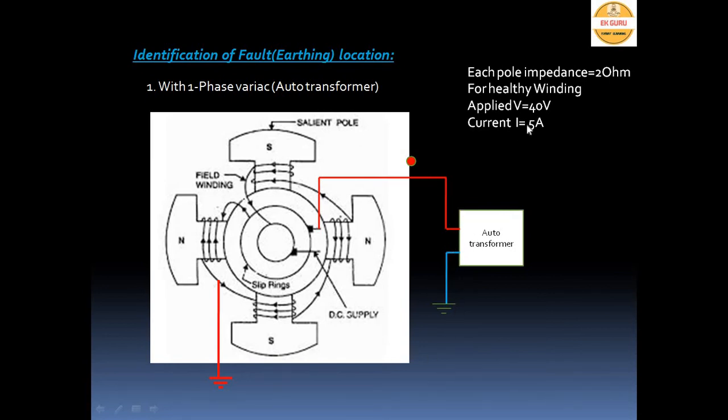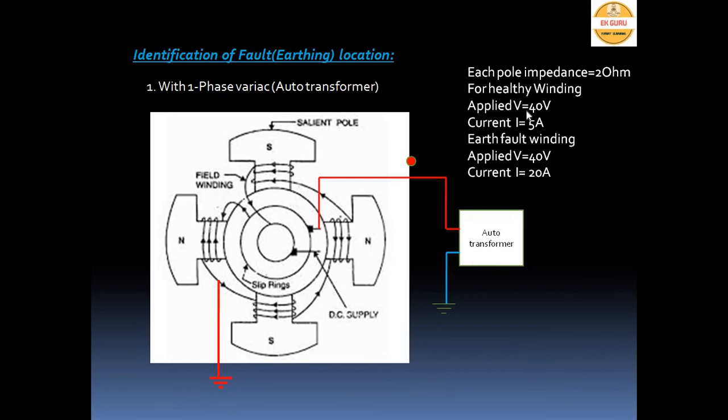In the case of the earth fault winding, the applied voltage is 40 volts and the current flowing is 20 amperes, because only one pole is included. The pole impedance is 2 ohms and the applied voltage is 40 volts, so 40 by 2, 20 amps will flow through the auto transformer.